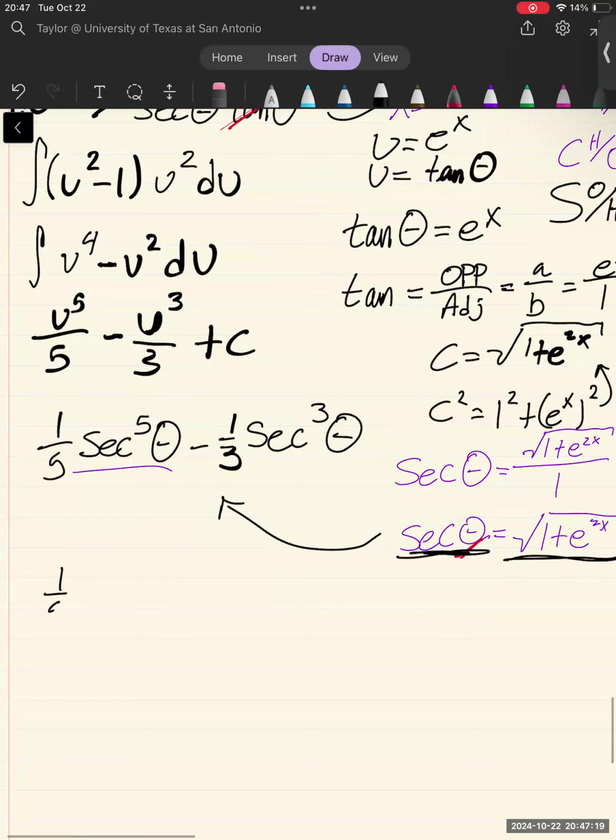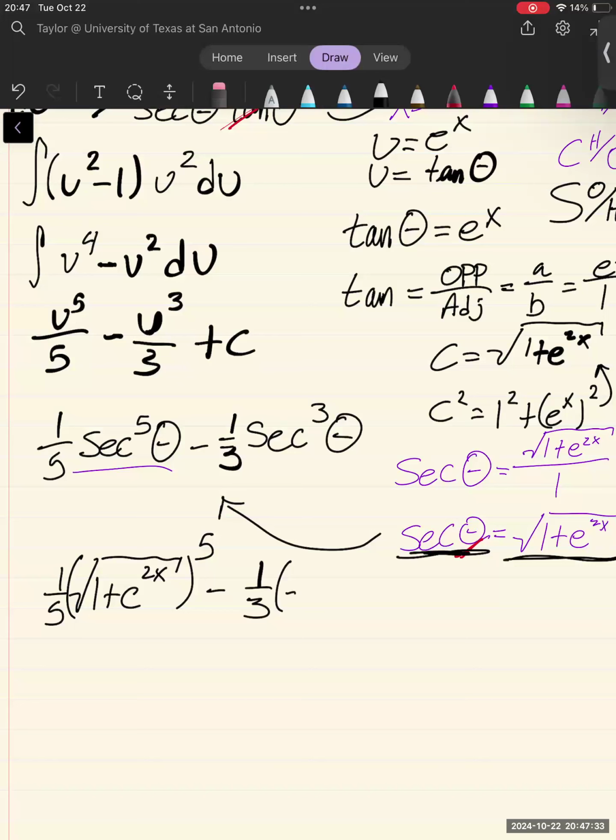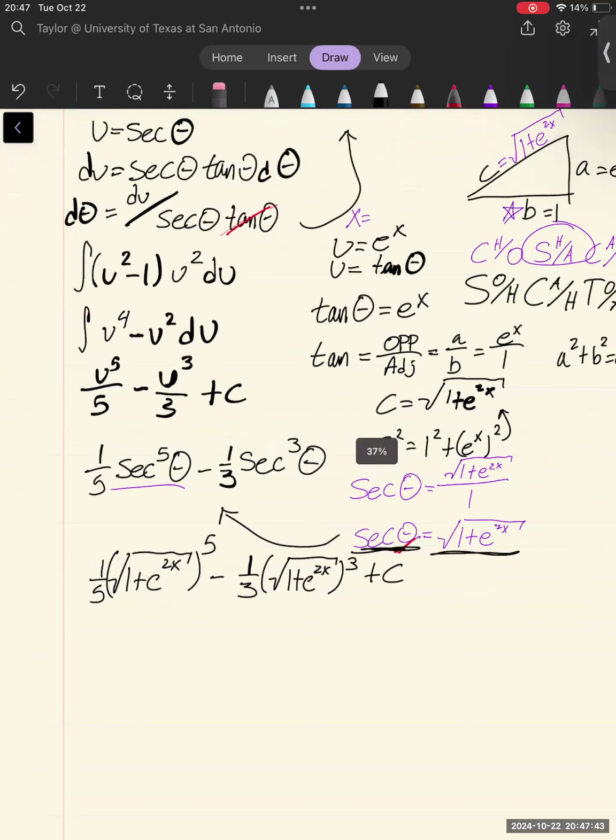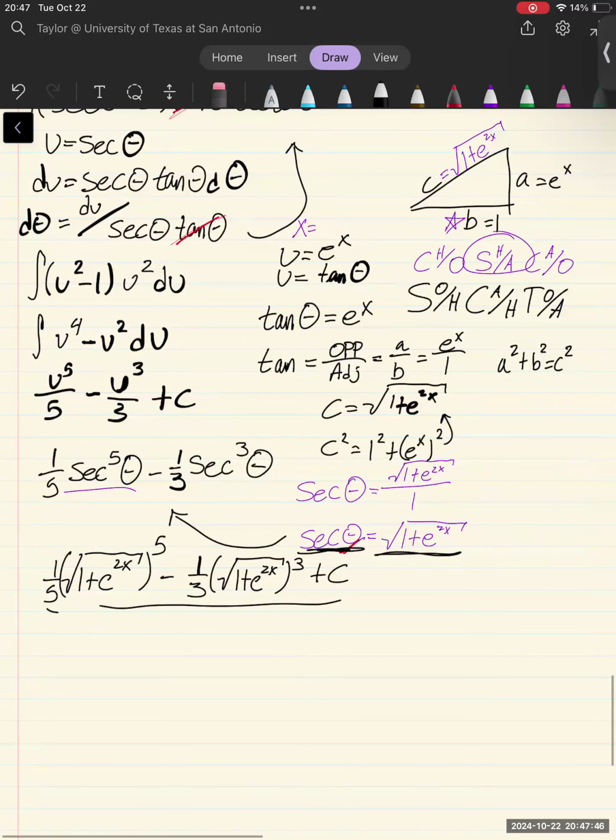So I have 1 over 5 square root, I'm going to put this in parentheses, 1 plus e to the 2x, to the 5th, minus 1 over 3 square root 1 plus e to the 2x to the 3rd, plus c. And so after all of that, this is our final answer right here.